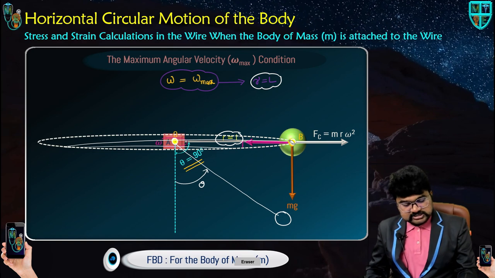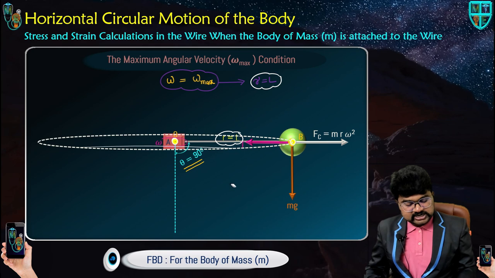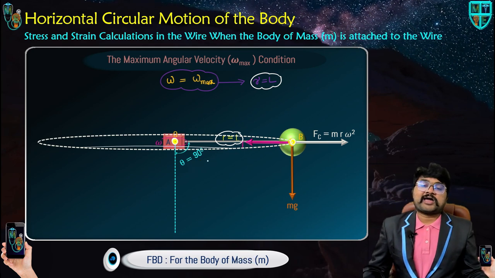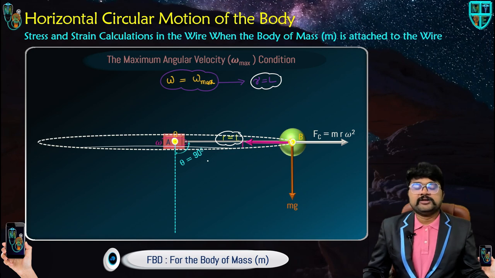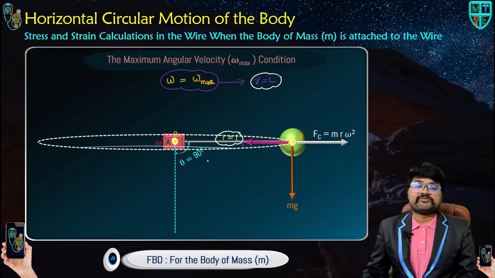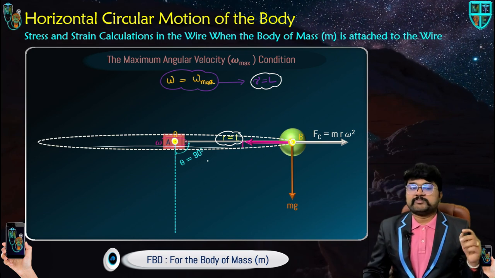Understood now? So in this manner, the body is in horizontal motion, and this condition is called the maximum angular velocity condition. Here the radius of circular motion of the body equals the length of the wire.